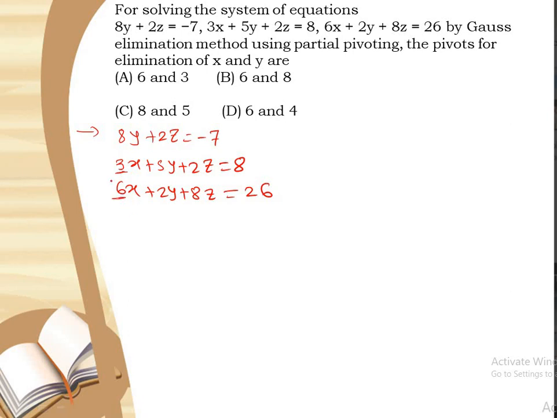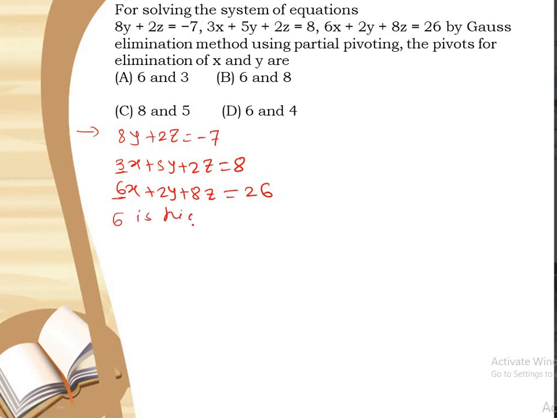So the highest coefficient of x in all three equations is the first pivot value. The first equation doesn't contain x, so equations 2 and 3 contain x. The greatest value is 6.